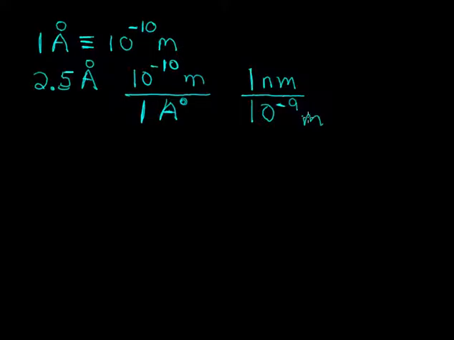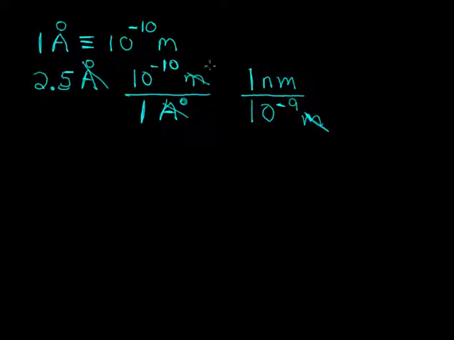So our Greek prefix and our definition of an angstrom gives us some conversions. So these will cancel out. These will cancel out. And so I have 2.5 times 10 to the negative 10th, all divided by 10 to the negative 9th.